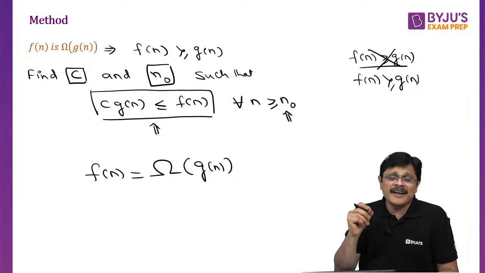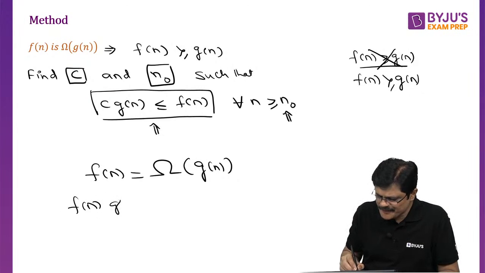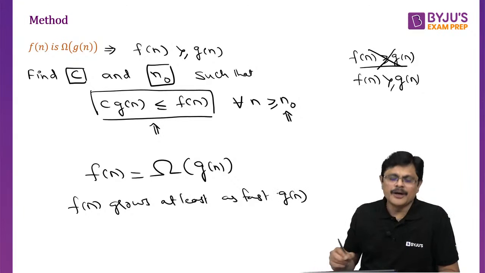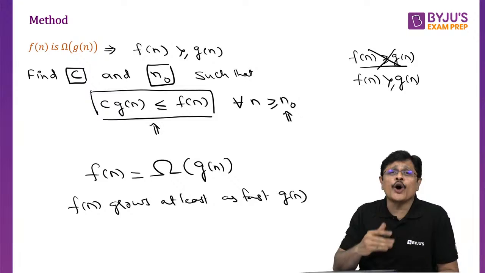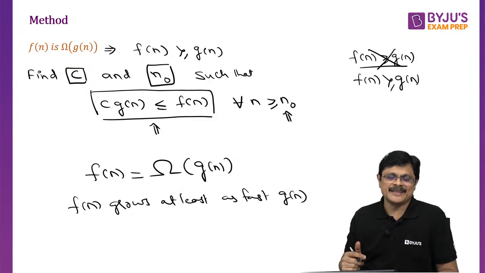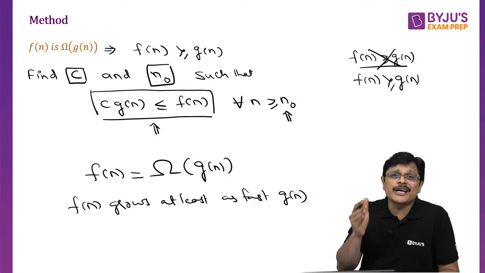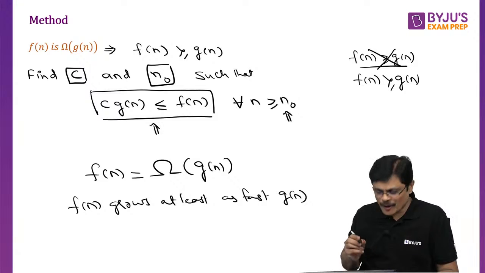That is, f(n) grows at least as fast as g(n), or f(n) has order of growth equal or greater than g(n), or we can say that g(n) is an asymptotic lower bound of f(n).